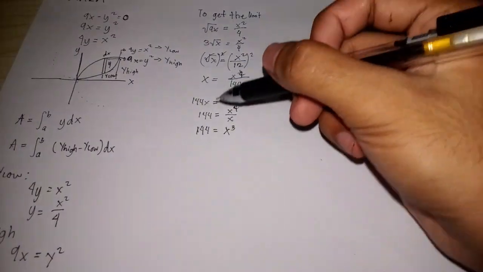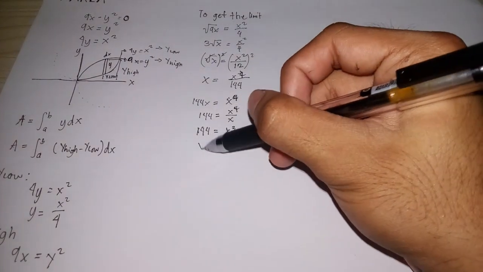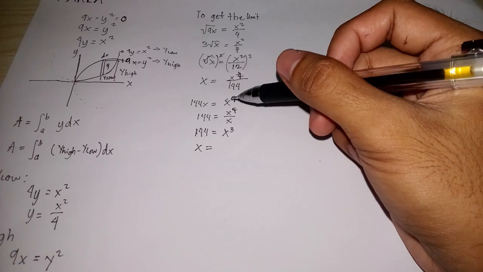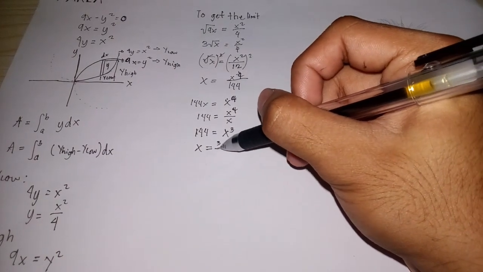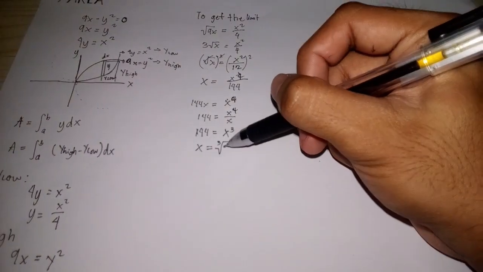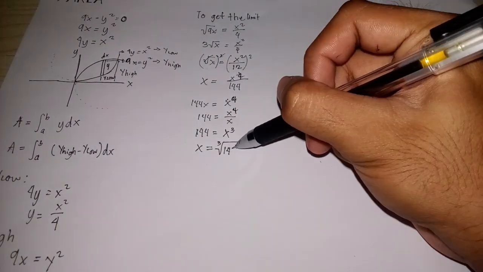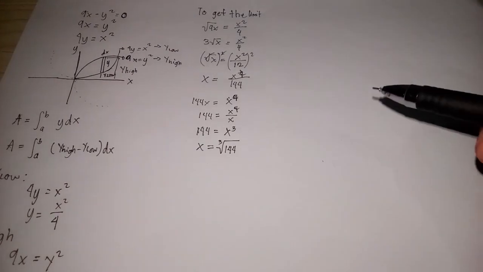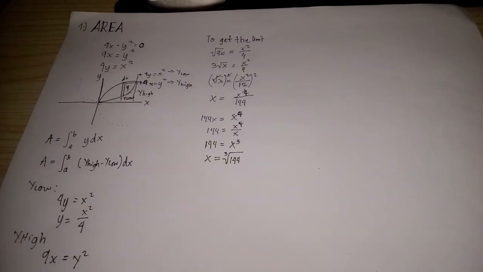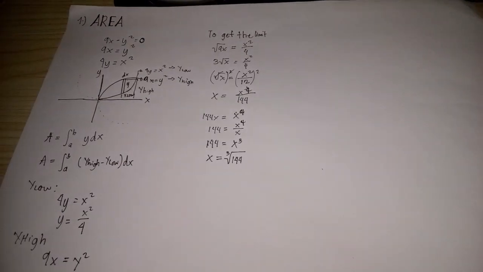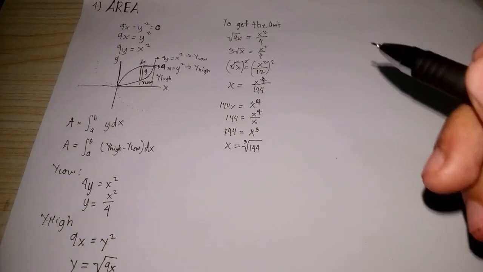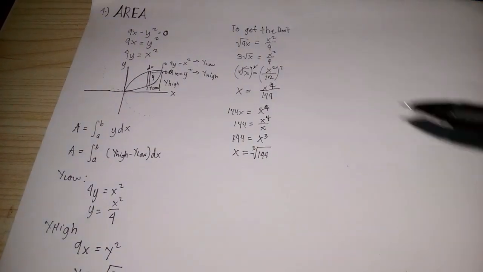So the cube root of 144, so x will become what? Cube root. We won't have to decimal this in order to get the whole answer. So that's our limit.